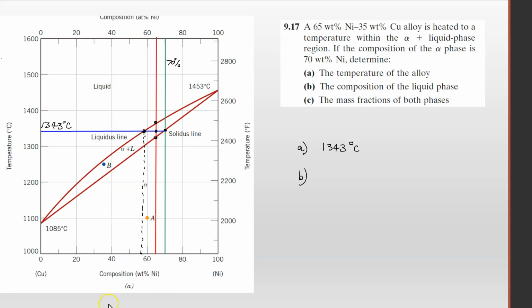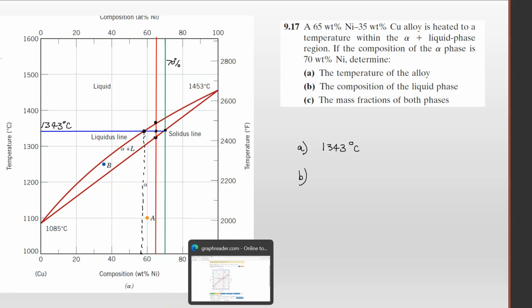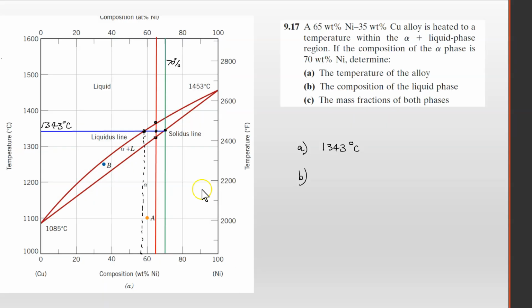So we're expecting a number about 55, but we can get a more accurate reading by using this online tool.